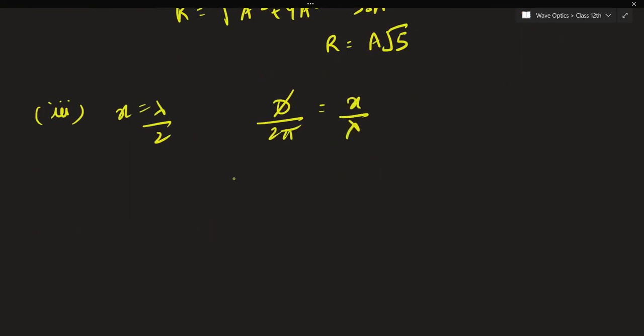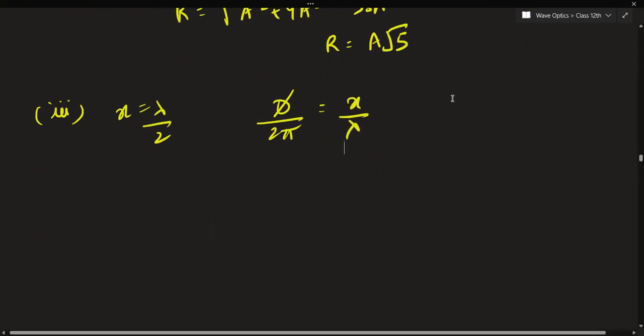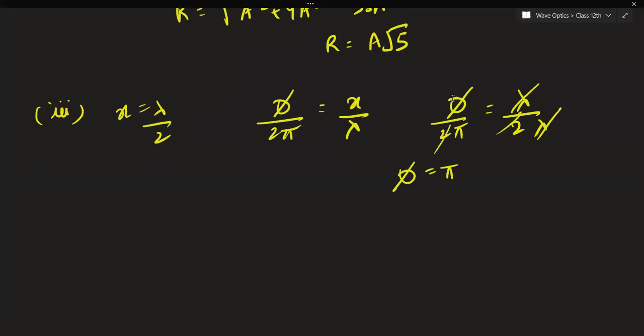Put the value of x as lambda by 2: phi by 2 pi is equal to lambda by 2 into 1 by lambda. Lambda cancels, 2 cancels, phi is equal to pi, that is 180 degrees.